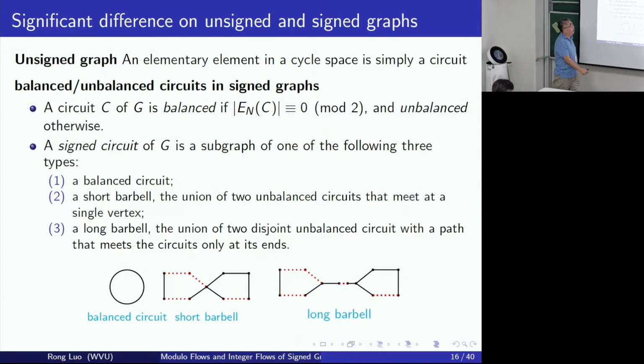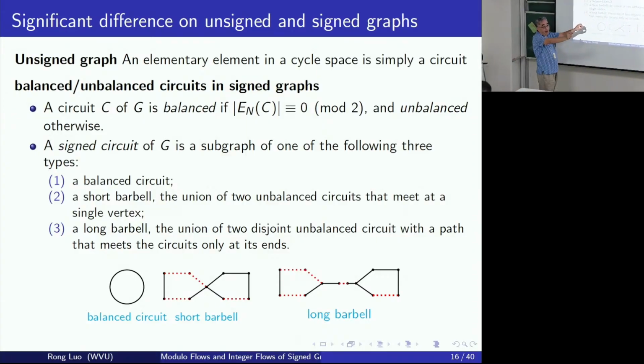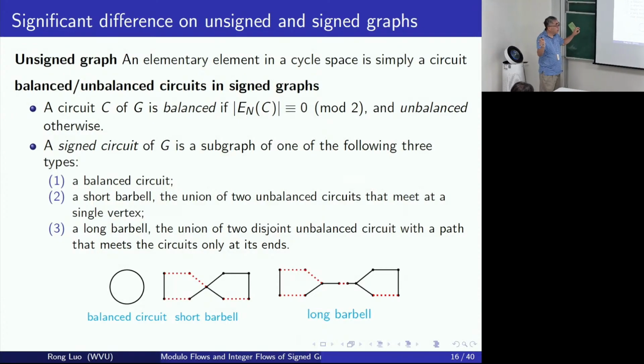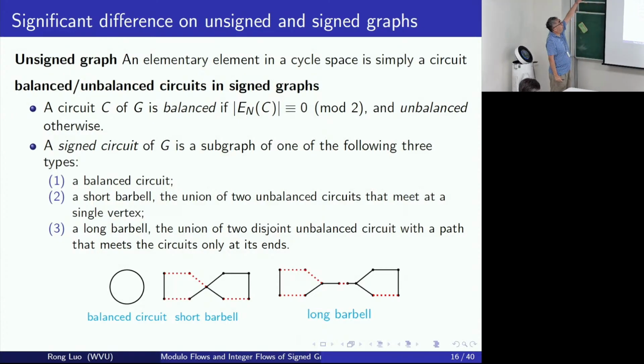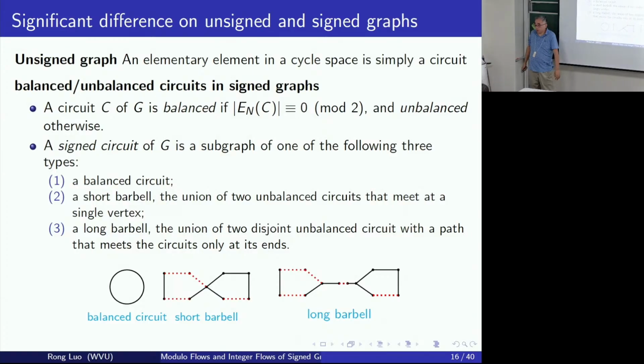A long barbell is where we have 2 unbalanced circuits connected by a non-trivial path. So you can see that one vertex is a trivial path, but a long barbell is connected by a non-trivial path. So for an unsigned graph, the elementary element in the space is simply a circuit. However, for a signed graph, we have 3 different elements.